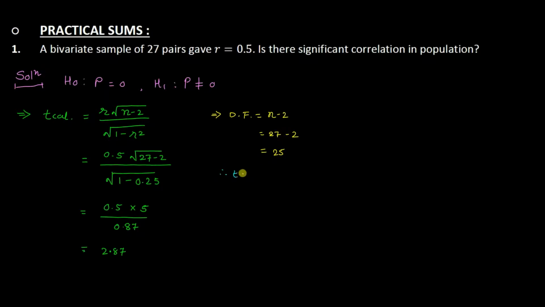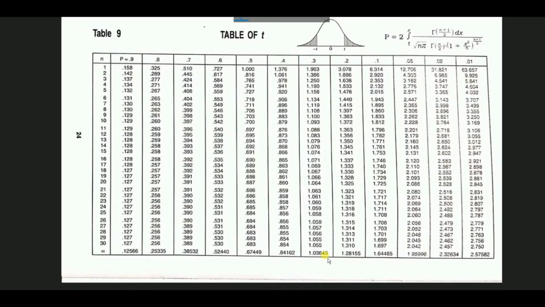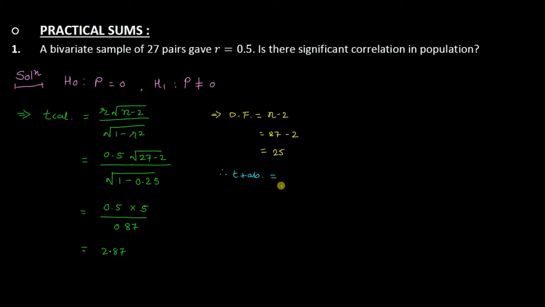Therefore t table value for 25 at 5% level is 2.06. And compare both the values.